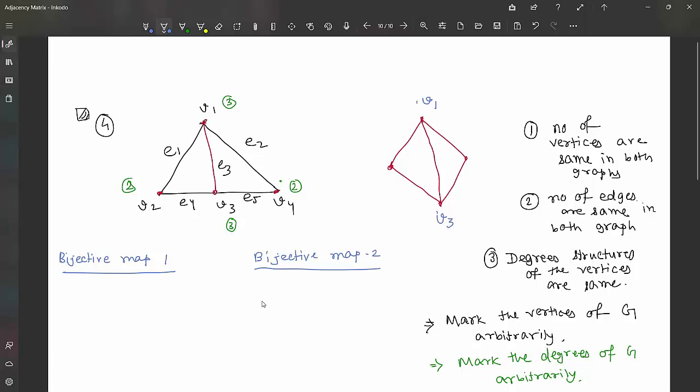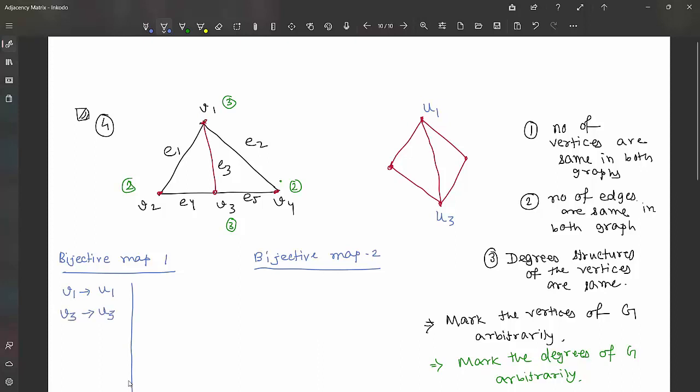So in the first map, we are preserving the relation in this way. The V1 image, we are taking here as U1, and this one is U3. So the first relation is that V1 goes to U1 and V3 goes to U3.